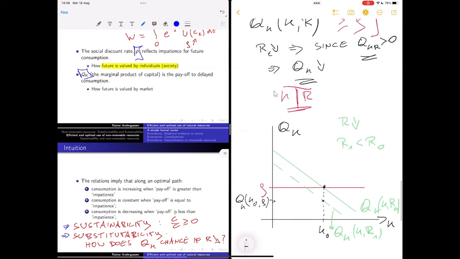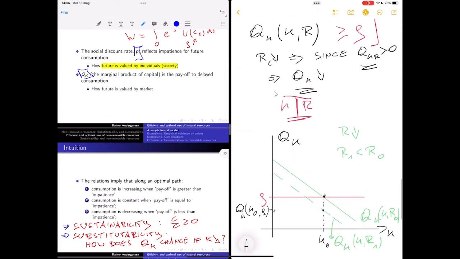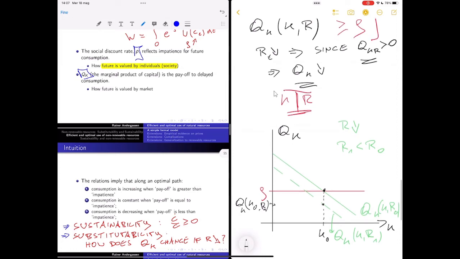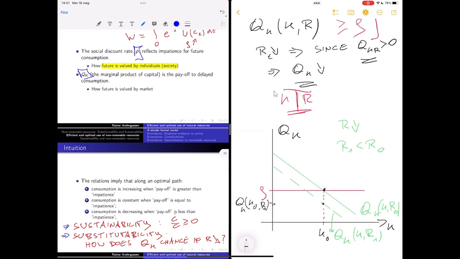And therefore, what you need is a sufficient degree of substitutability between K and, oops, sorry, this is not rho, this is R1, such that you are able to have a sustainability social optimum.